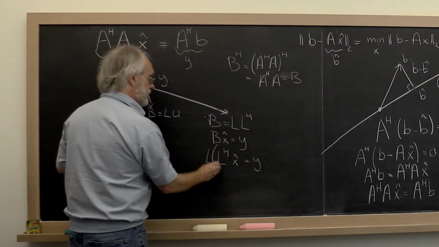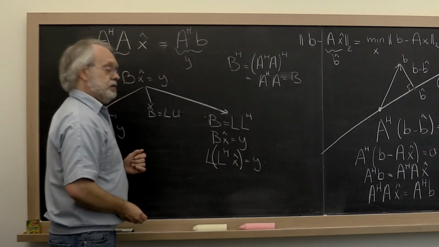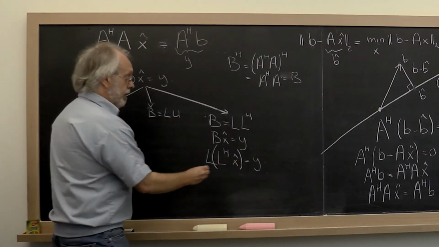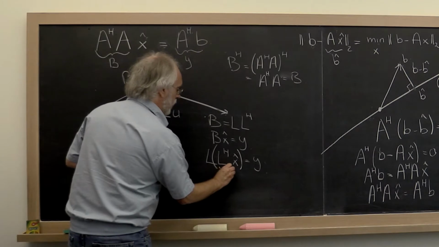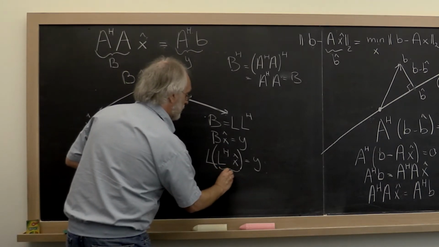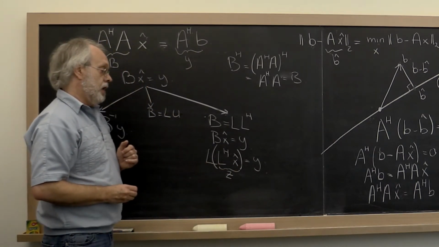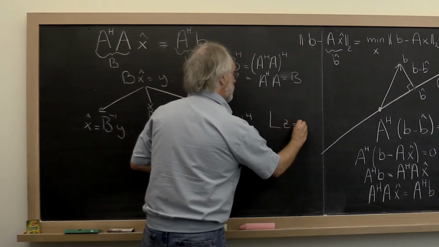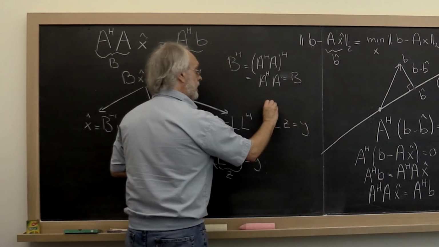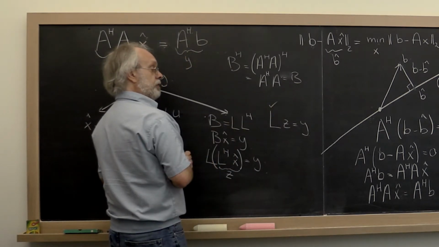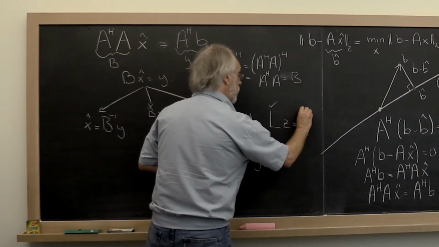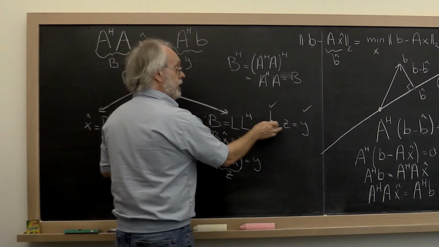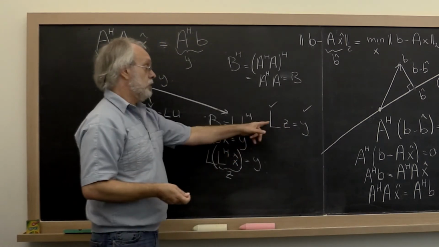And then we can place some convenient parentheses. If we then say, well, we don't know what this vector is, but we can call it z, then what you notice is that L times z is equal to y. But you know what L is if you've computed the Cholesky factorization, and you know what y is, and therefore you can now solve with this lower triangular matrix.